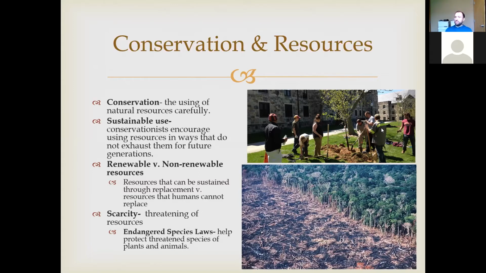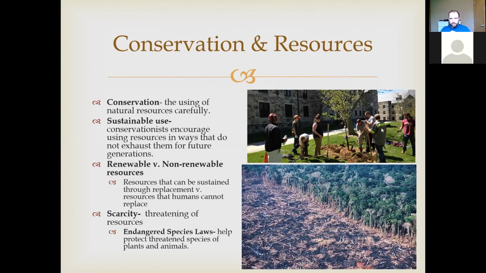We can use and use and use and it'll never run out. That's renewable resources. Non-renewable resources, exactly the opposite, right? Something that is renewable can be reused. That which is not renewable can't be reused. So non-renewable resources are those things that once they're used, they're gone.